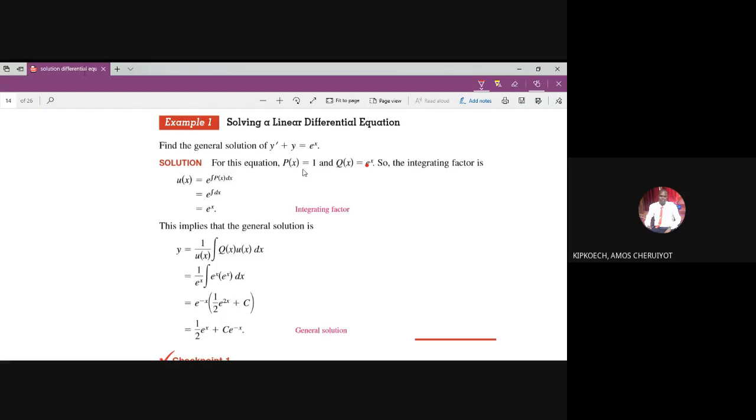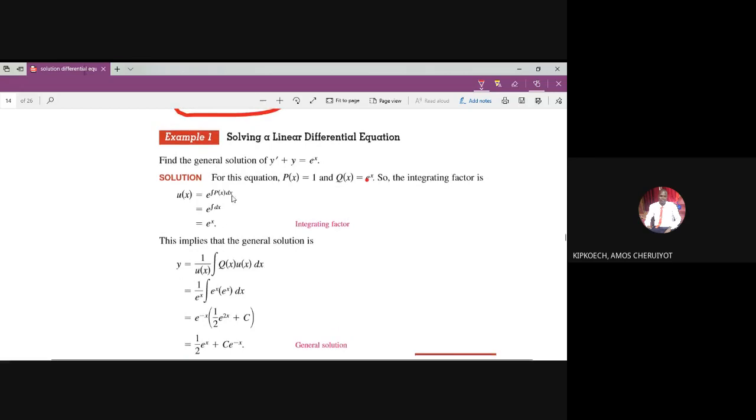I think the solution is ux equals the exponential function of the integral of px dx. We say that px equals 1, so the exponential function of the integral of dx comes.